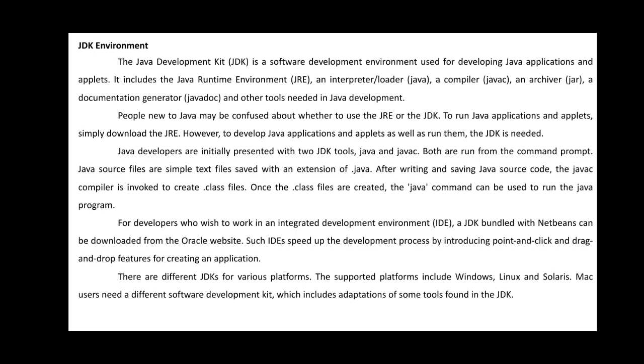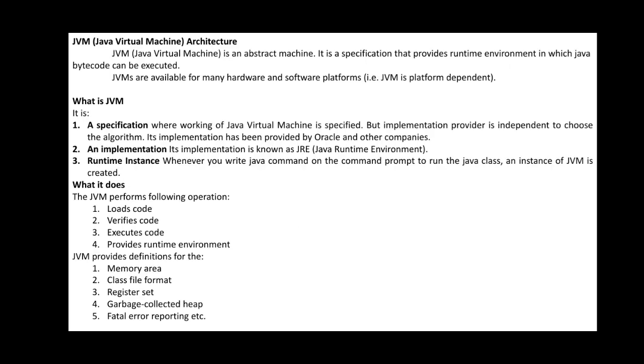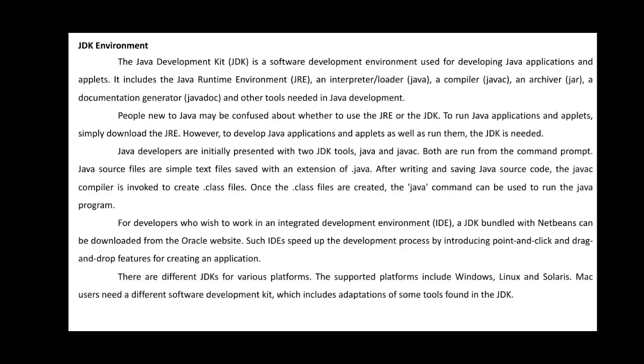There are different JDKs for various platforms. The supported platforms include Unix, Linux, Sun Solaris, Mac OS. Users need a different software development kit which includes adaptations of some tools found in the JDK. So, what you can understand from this particular JDK is that to write or compile programs, you need a platform.